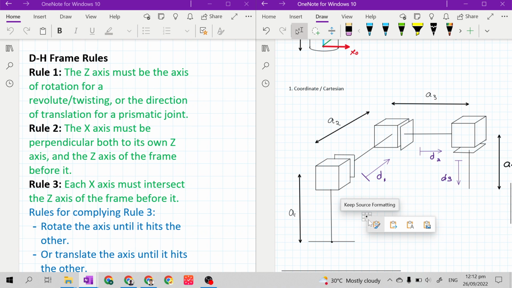Next, for our first joint, also at the center. For our second joint, also at the center. For our third joint, also at the center. And for our end effector, at the last part of our mechanical manipulator.